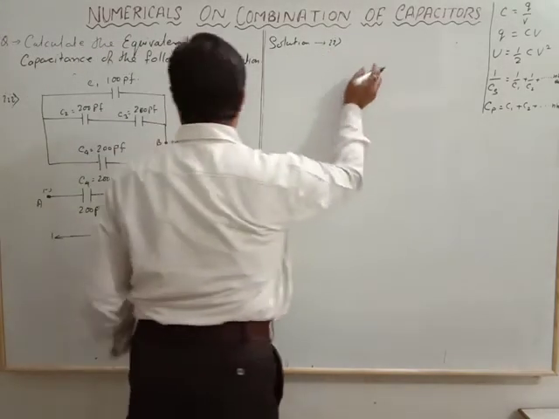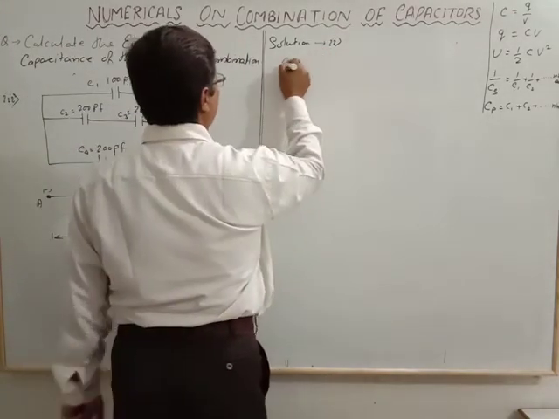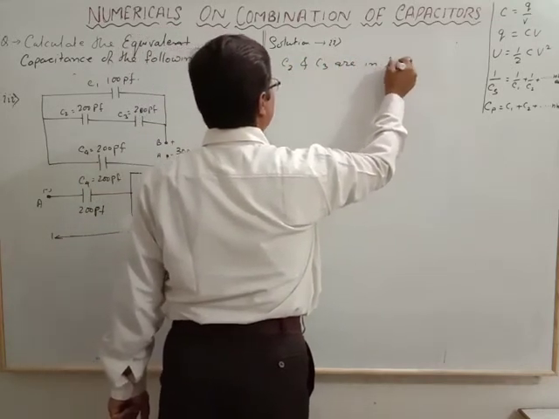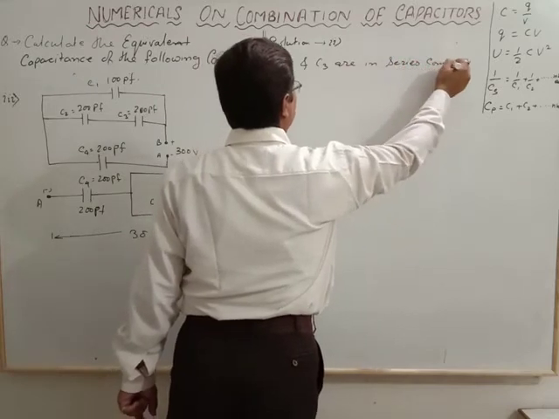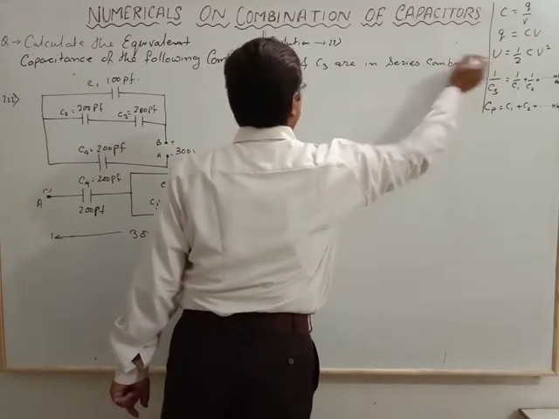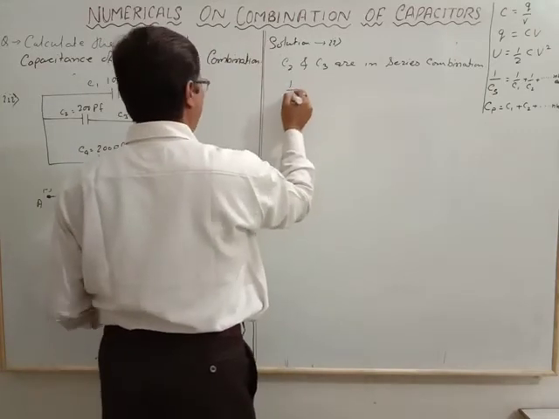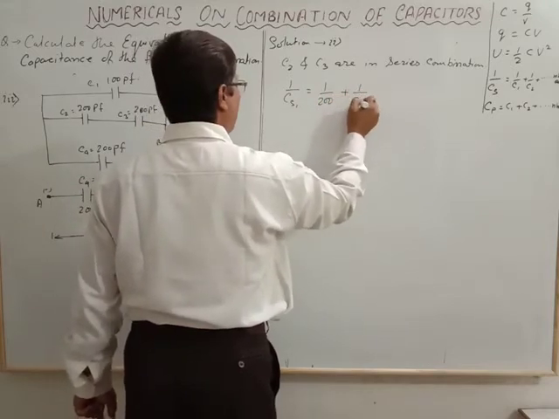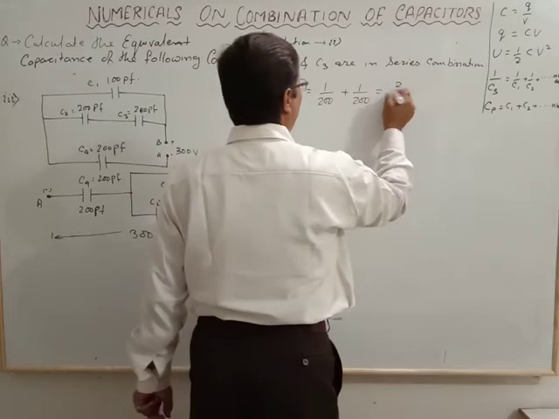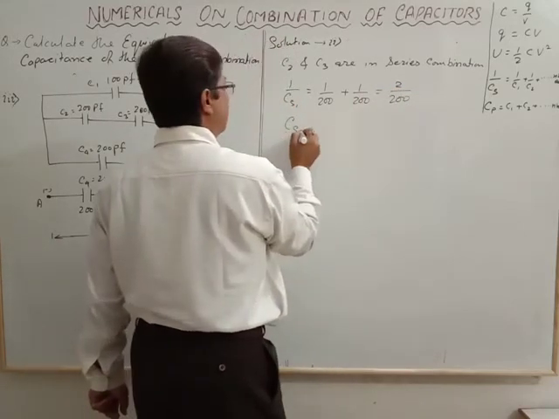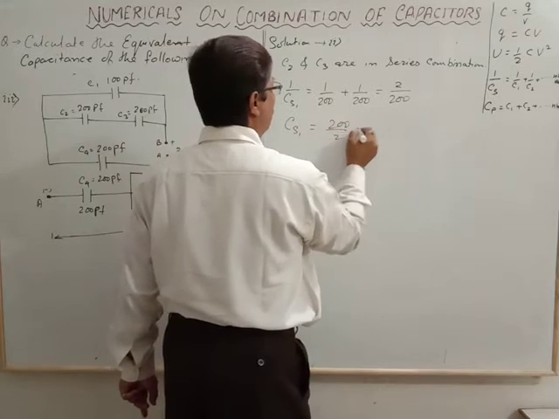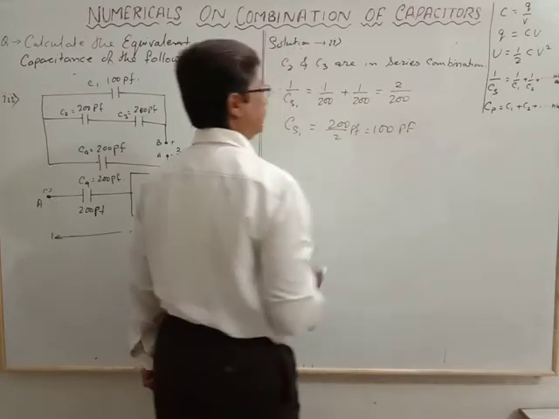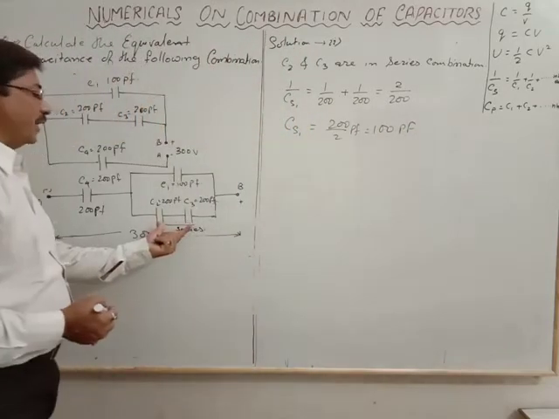Now first calculate the series combination between C2 and C3. C2 and C3 are in series combination. In that case, 1 by CS1 is equal to 1 by 200 plus 1 by 200, that is equal to 2 by 200, or we write CS1 is equal to 200 by 2, that is 100 picofarad. 100 picofarad is now the value of this particular combination.